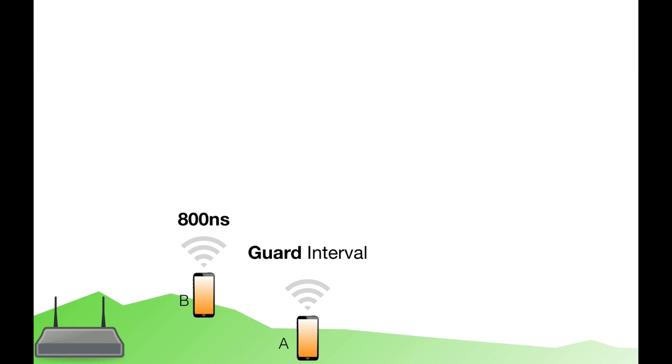Mostly we use a guard interval of 800 nanoseconds, but since 802.11n we can also use a short guard interval of 400 nanoseconds. It can help you increase the throughput in your Wi-Fi deployment, but don't use short guard interval whenever you have a high density deployment.